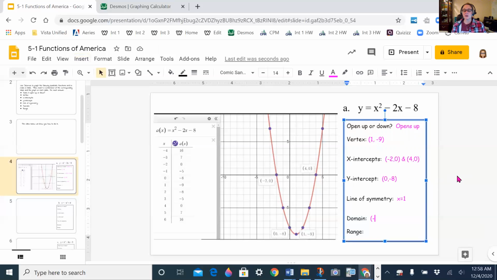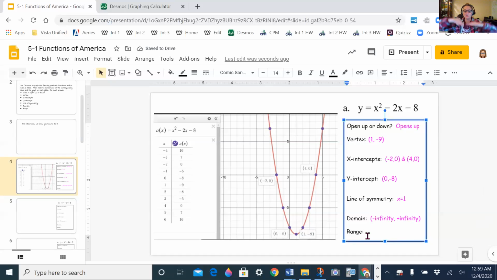Okay, so I'm just going to go negative infinity to positive infinity, open bracket, okay?